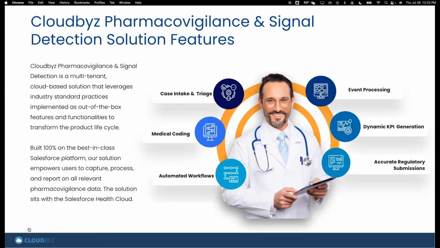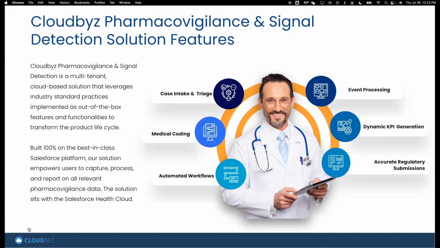So we have everything covered from your case intake and triage, whether that's connecting to a third-party data source, or going to be through data migrations, et cetera, to have your case intake process happening in a single centralized location that allows you to perform your triage and your event processing, all in one system.